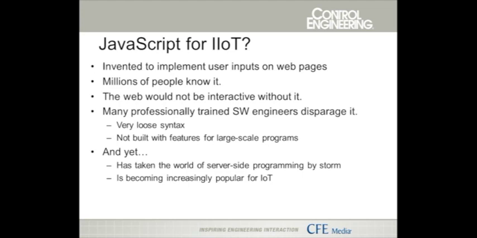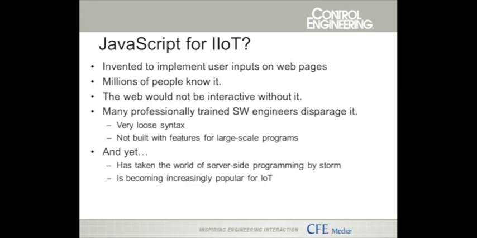Is there a way to use JavaScript, which all these mobile people know? Your kids probably know it. Maybe even you know it if you've done some web programming. Is there a way to make it applicable for IoT? Let me give you a couple of observations on JavaScript. It was invented to implement responses to user inputs on web pages.